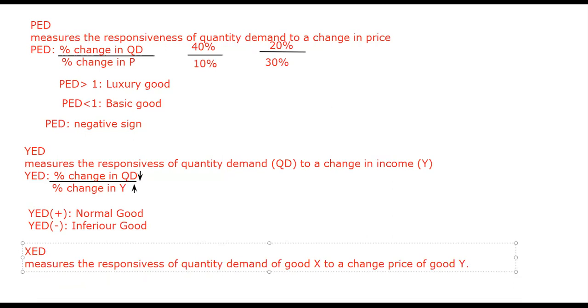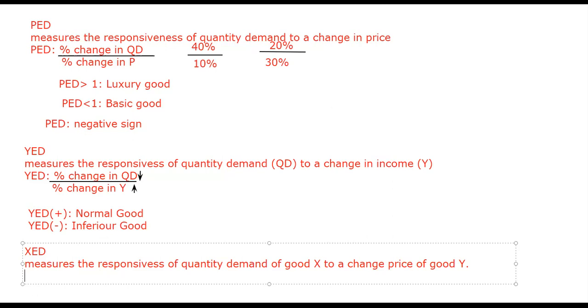If the price of fuel goes up, it has an effect on the demand for cars. If the price of coffee increases, it has an effect on the quantity demanded of tea. How do we measure XED?